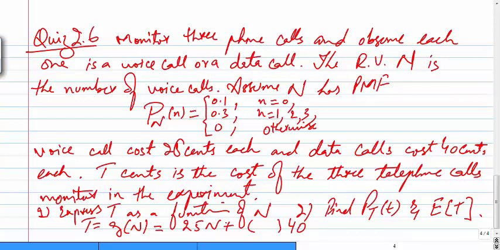Now if there are n voice calls, the total calls is 3, so in that case n can be 0, 1, 2, 3.